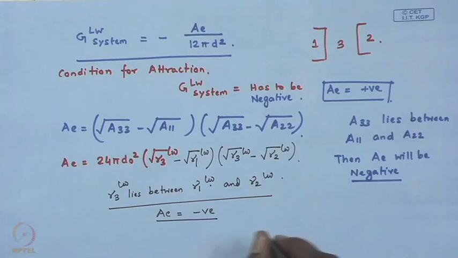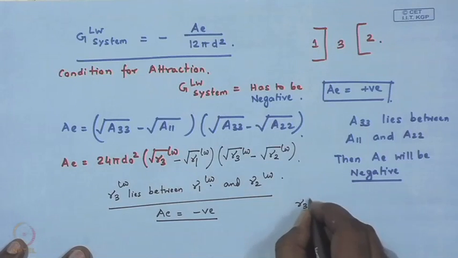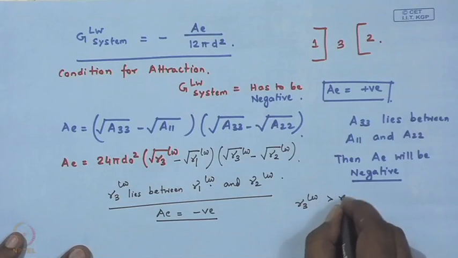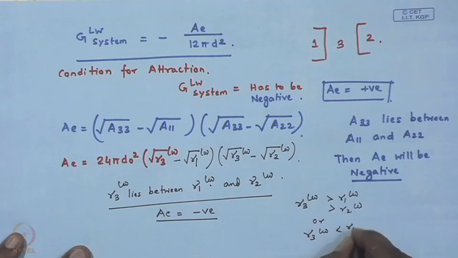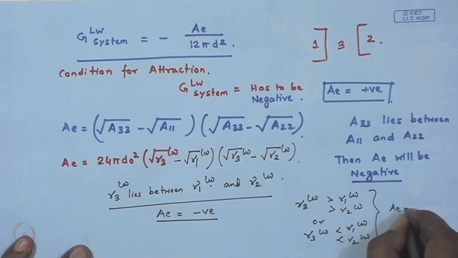In the event that gamma 3 LW is greater than both gamma 1 LW and gamma 2 LW, or gamma 3 LW is less than both, you will have a positive AE.